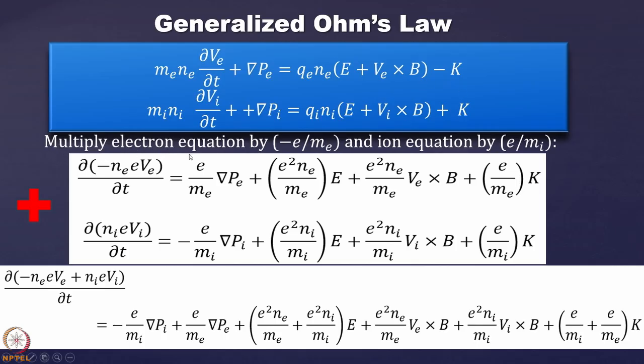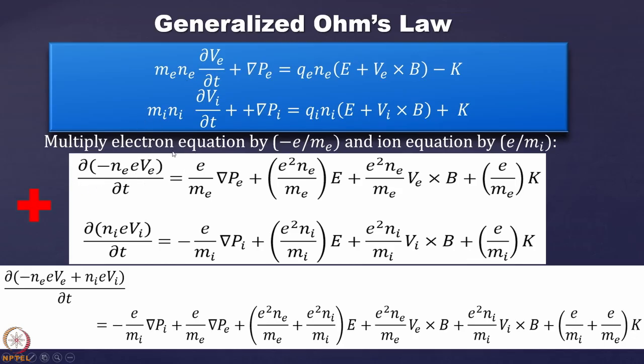First we multiply the electron equation by minus e by m_e, and similarly we multiply the ion equation by e by m_i. When you multiply this one by e by m_e, e comes in the numerator, m_e in the denominator cancels with this one, and because of the minus e, we have a negative sign here. Then n_e was already there and e has come just now, and V was already existing there.